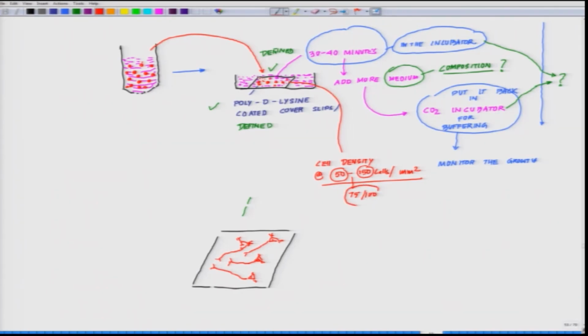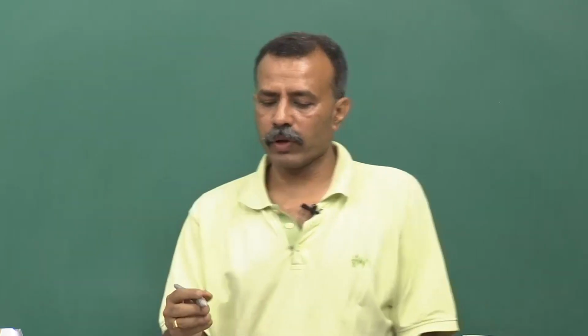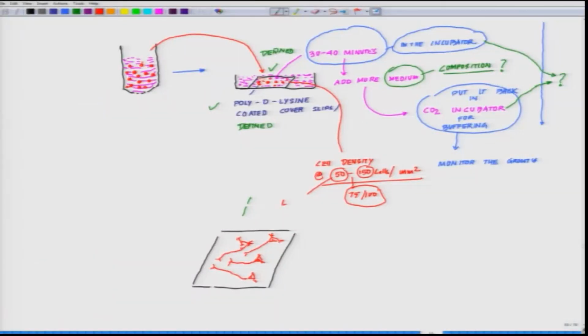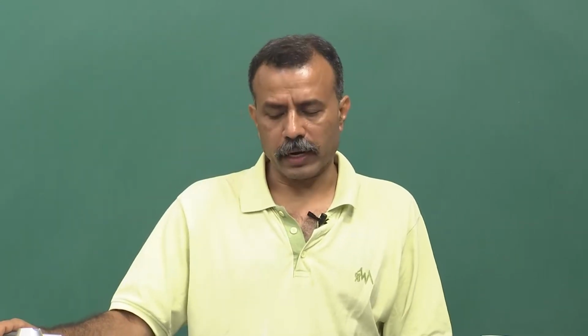I personally have always typically worked with 100 cells per millimeter square, unless there is a demand for a very low density culture. When we go for 50, we talk about a very low density, and when we talk about 150, these are high density cultures. There are people who may disagree, they can go a little higher also, but I personally, after working with hippocampal neurons for more than a decade, will not recommend that.